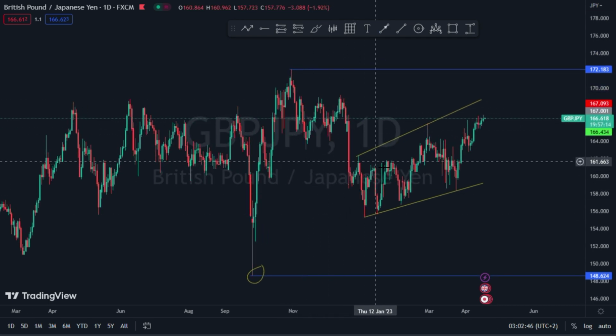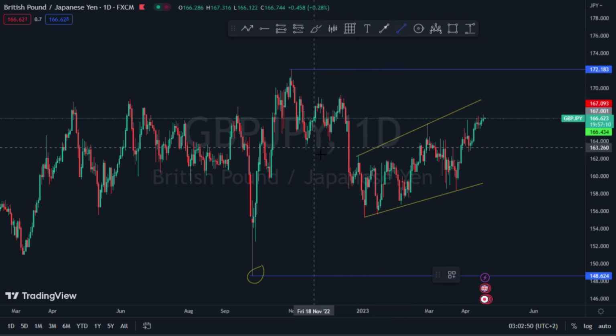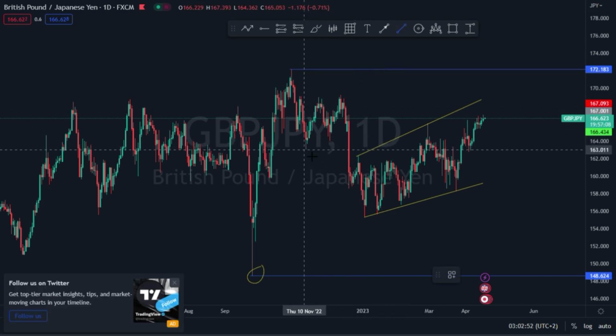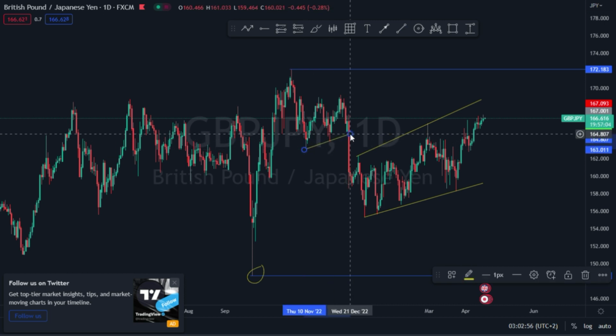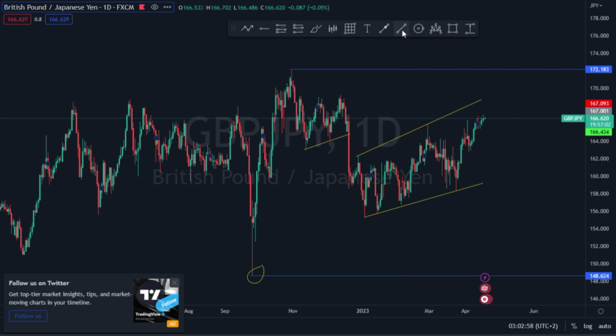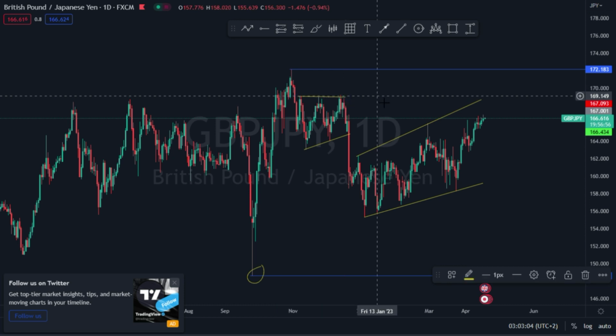So the market had presented us with that 1 2 3 formation, that being our first touch, our second touch, and then our third touch, right?